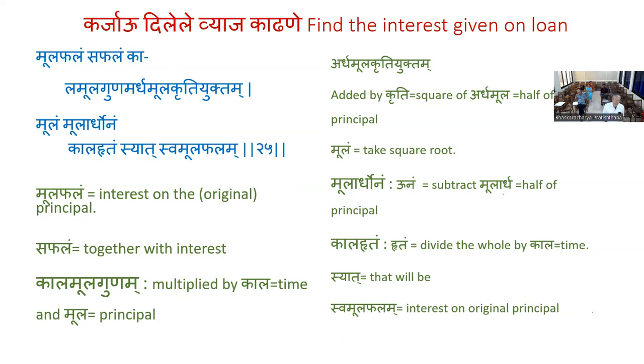Then Saphalam means on that interest, whatever interest you have got, like 6 was the interest which we had got. So that is 10 plus 6. Saphalam means that original interest plus this additional interest on interest. So together, that is our number 16, for example, which was there in the problem.